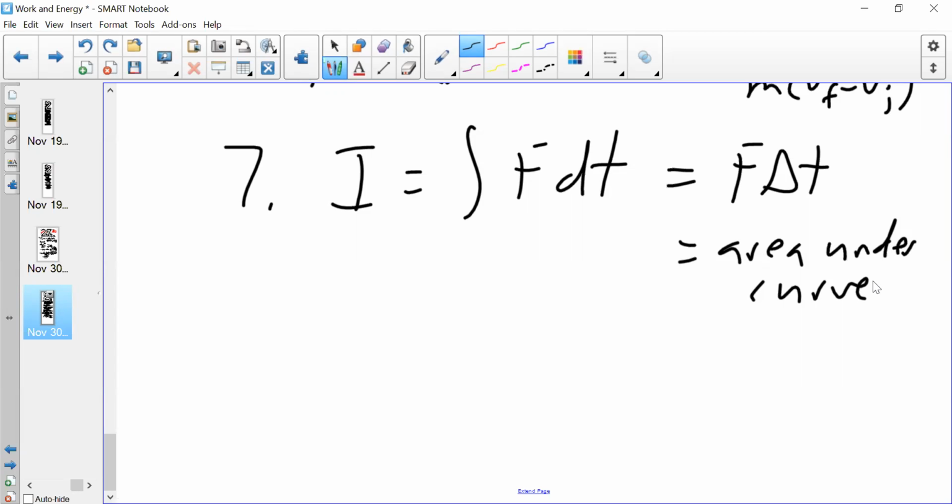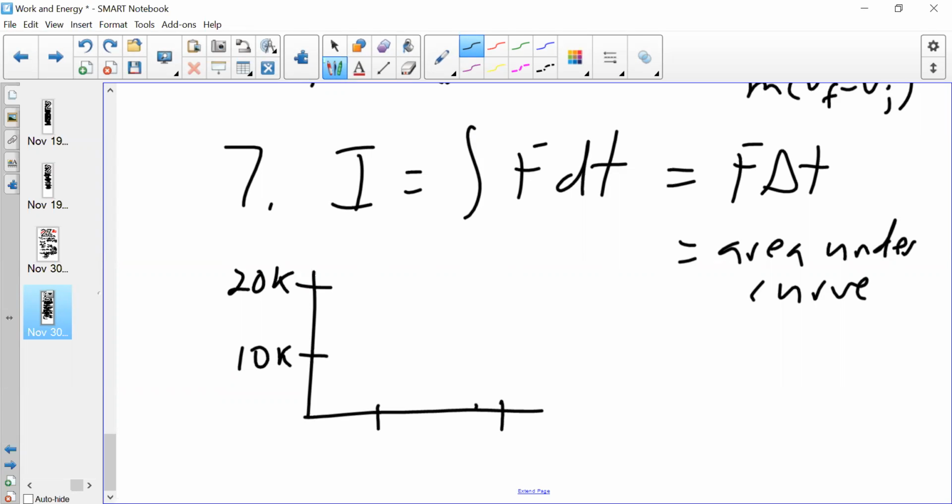So I'm just going to split it, drawing an arbitrary line here. The peak is 20K. We can split it into right triangles and just double it.